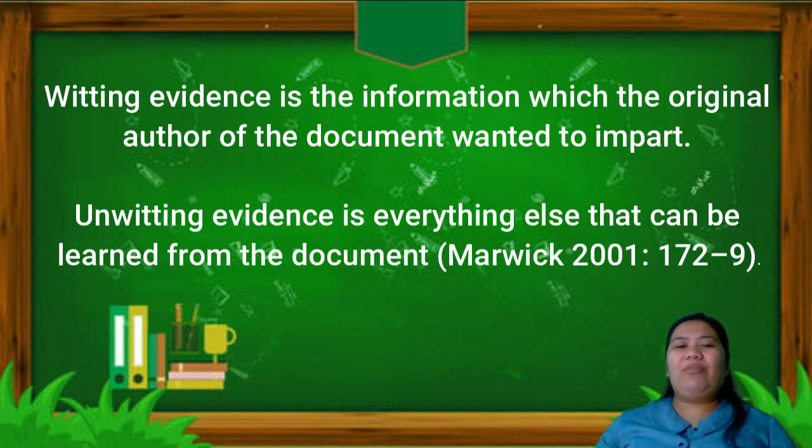Now, the unwitting evidence are those that are not printed on the manuscript, such as, can we use other plants? Can we use other fertilizers? So that is the perception of the reader, or how the author uses some language that the reader interprets.